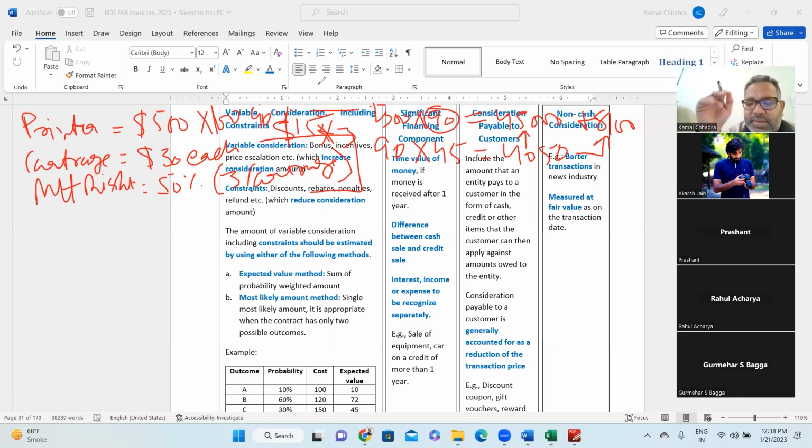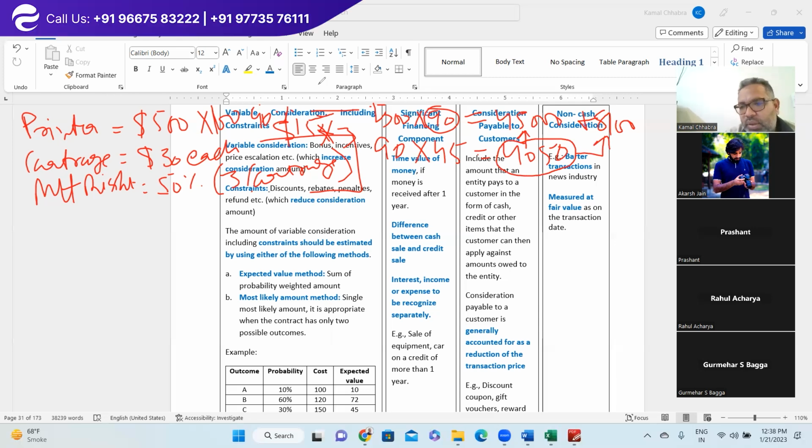We will be discussing in step 4 the allocation of discount, but here you just need to understand that this is the money which is a discount you are giving to the customer, and it needs to be adjusted against the transaction price, right? How we need to adjust we'll discuss in step 4, but here you only need to identify this amount which needs to be adjusted.